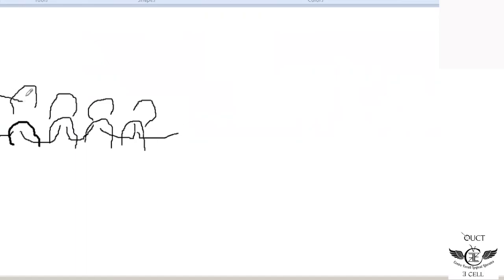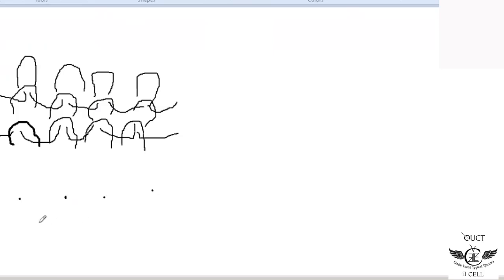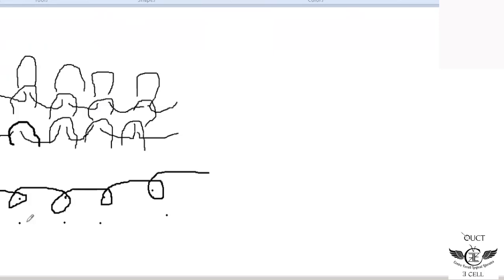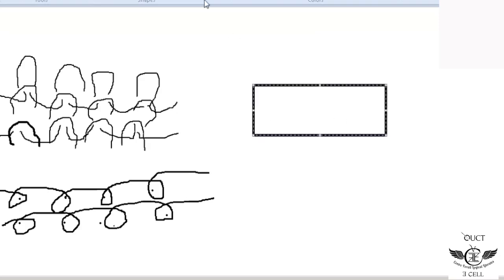So 2 courses on 4 wales. This is the loop diagram. Next, how can it be represented as a needle diagram? Let me show you. 4 wales and 2 courses of knits. This is the face structure. See, this is the technical face. Okay, and this is the needle diagram.